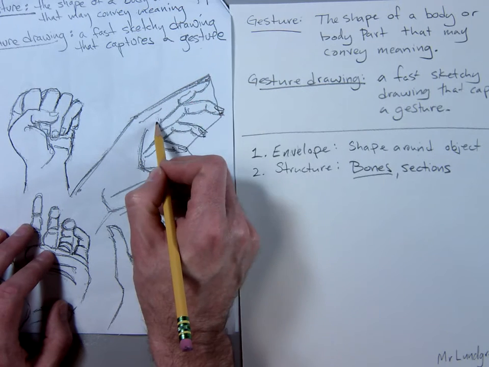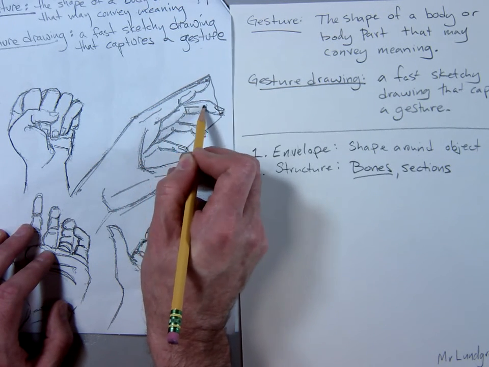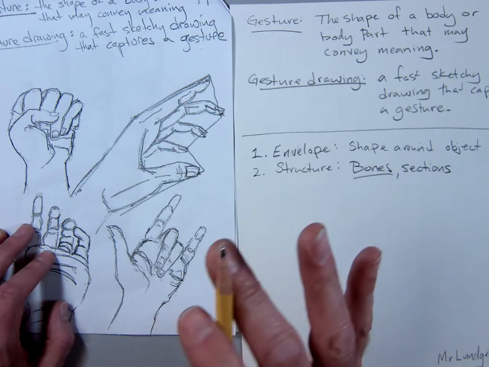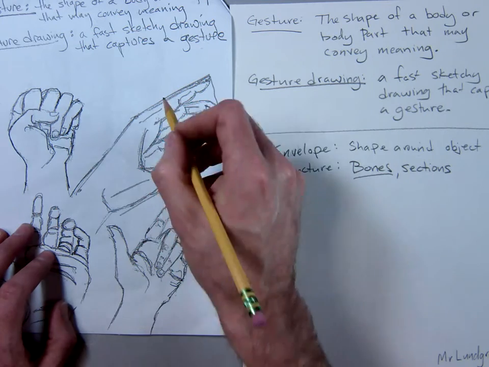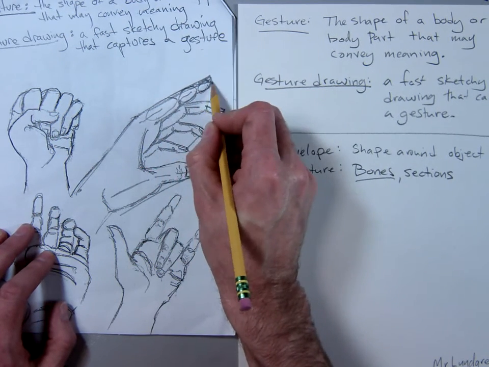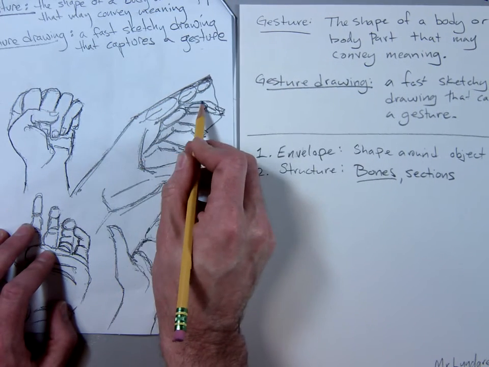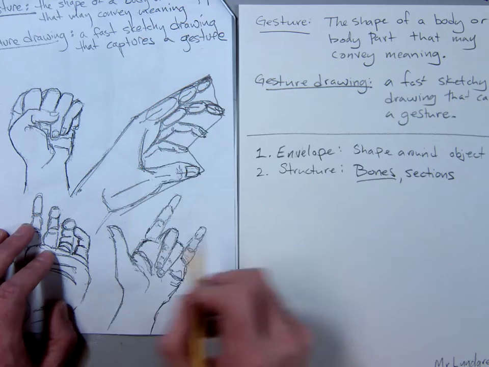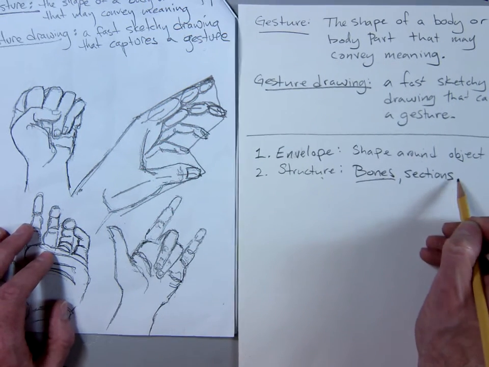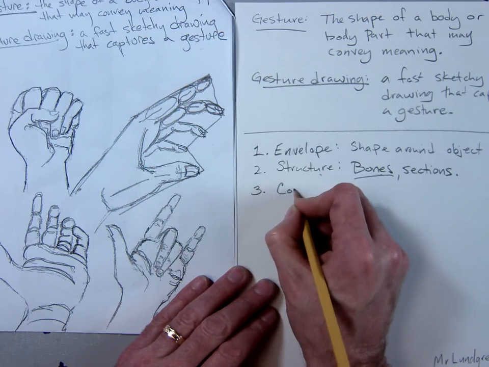And then I would kind of use my 3D vision and say here's a bone, and here's a bone over here. And I would draw those in just so I can get a feel for where they are. Then I would say, oh, here's a section, here's a section, here's a section, just like our robot hand. And so I'm breaking it into the structure, bones and sections. Next, then I think about contour line.